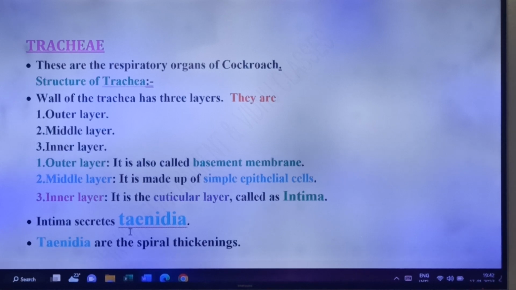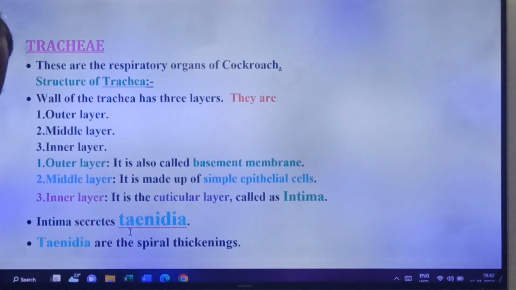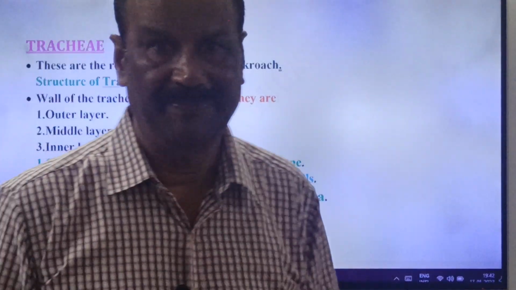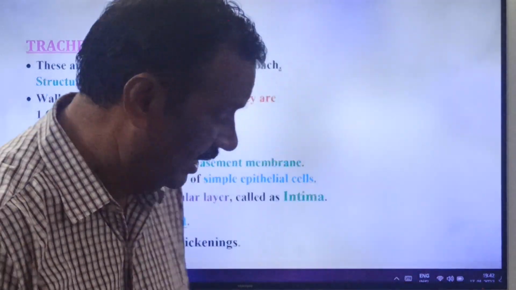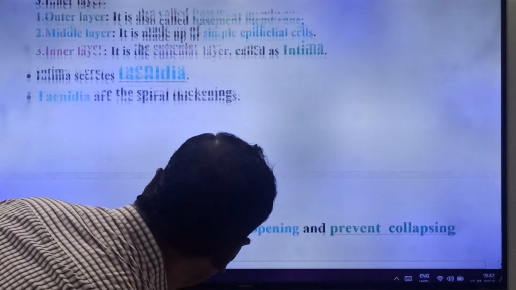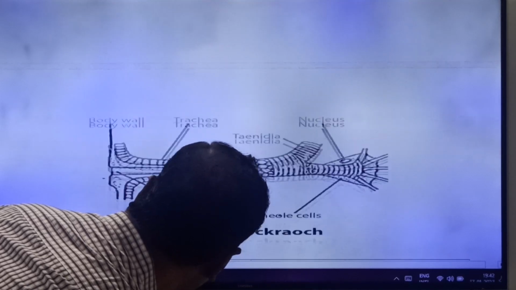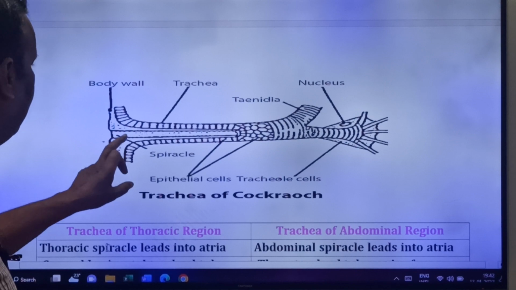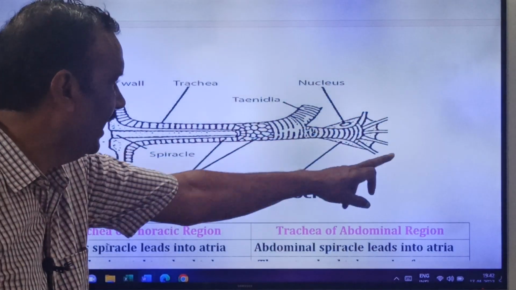Now first see the structure of the trachea, friends. The wall of the trachea has 3 layers. They are the outer layer, middle layer and inner layer. See, this is the spiracle, atrium, this is the trachea, and these are the tracheoles.